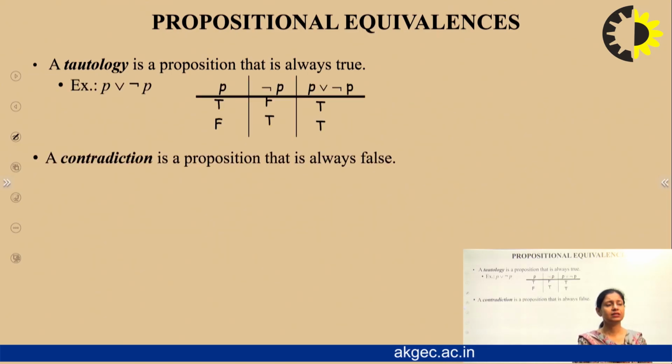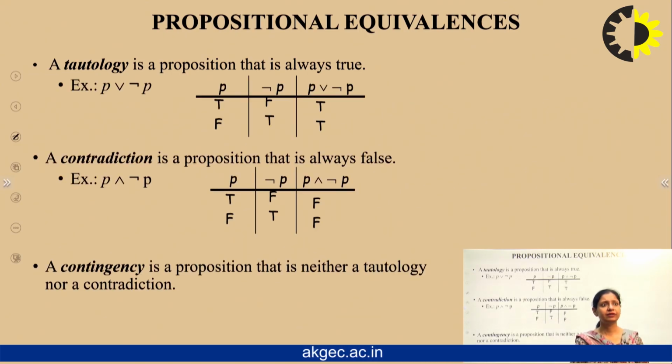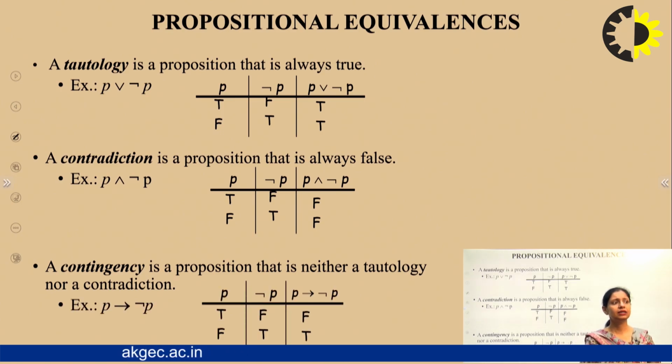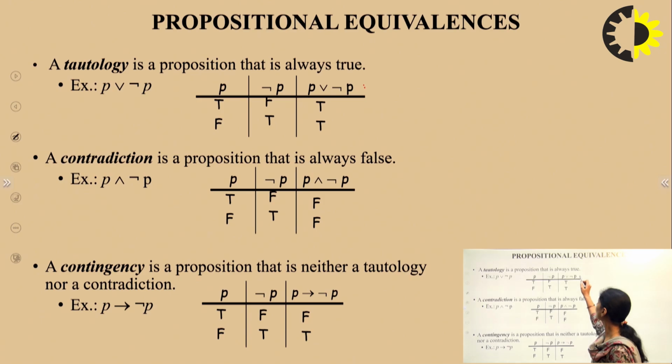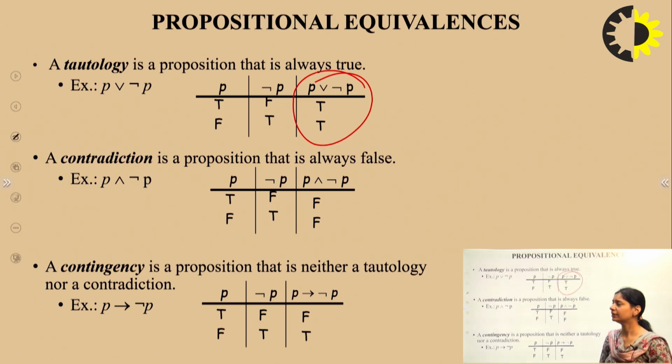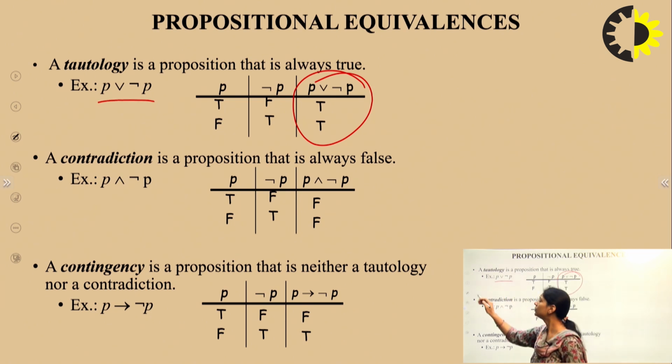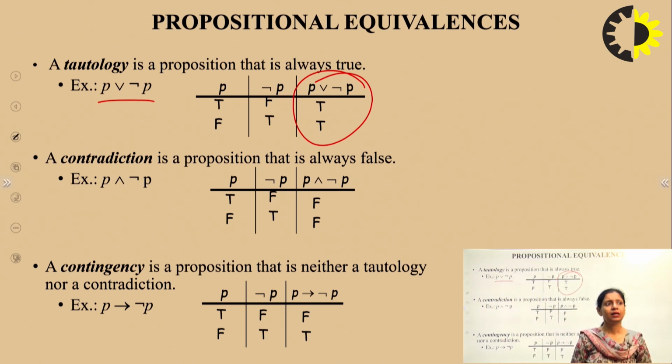When we talk about propositional equivalence, we talk about three things: a tautology, contradiction and contingency. Tautology is when we have the result to be true, like P or the negation of P. Whenever I have P and the negation of P and I do the OR of it, I will get the result as true, that is a tautology.